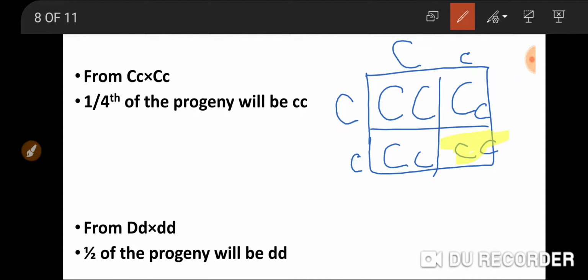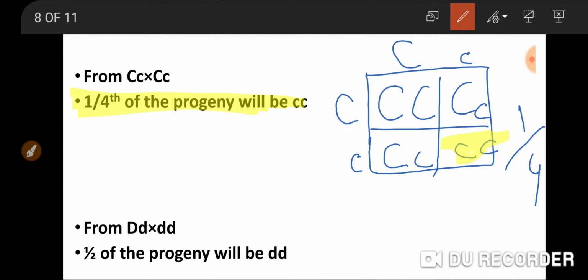So the probability of getting the genotype of small c from this cross, that is the cross between the third gene pair, is 1 by 4. Or in other words, we can say 1/4 of the progeny will have the genotype of small c, small c. This 1/4 is the probability.